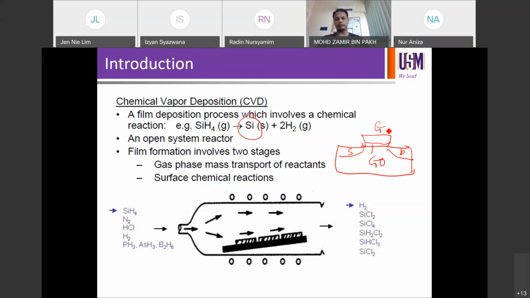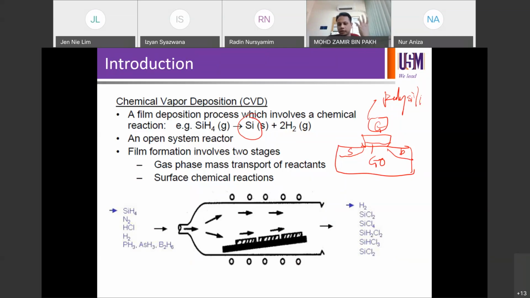So the gate here can be polysilicon. In the fab we just call it poly. If you go to the fab and people say poly, that means polysilicon, but they don't say the whole word, just poly. So in this polysilicon deposition, the silicon is not from the wafer, but from a deposition process.